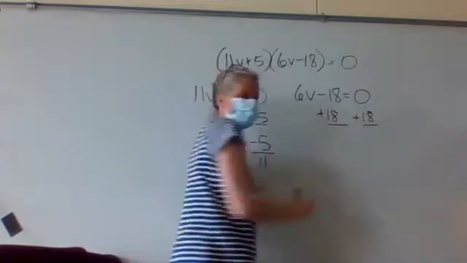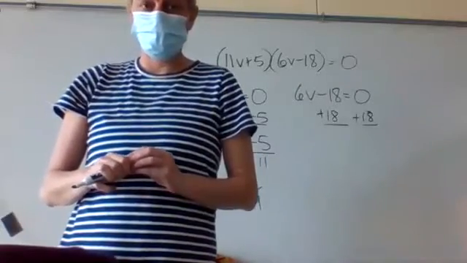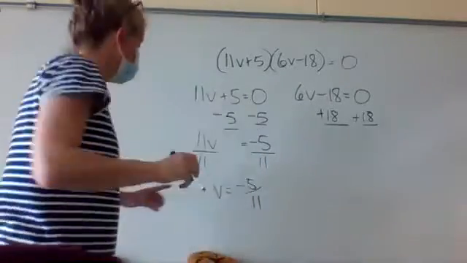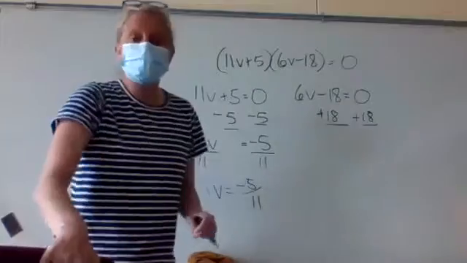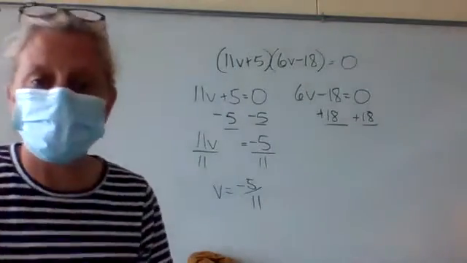Ms. Hanson, I have a question real quick. Why is it gonna stay in fraction form? Okay, because right here. So I would definitely see if that's simplified. Negative 5 over 11.